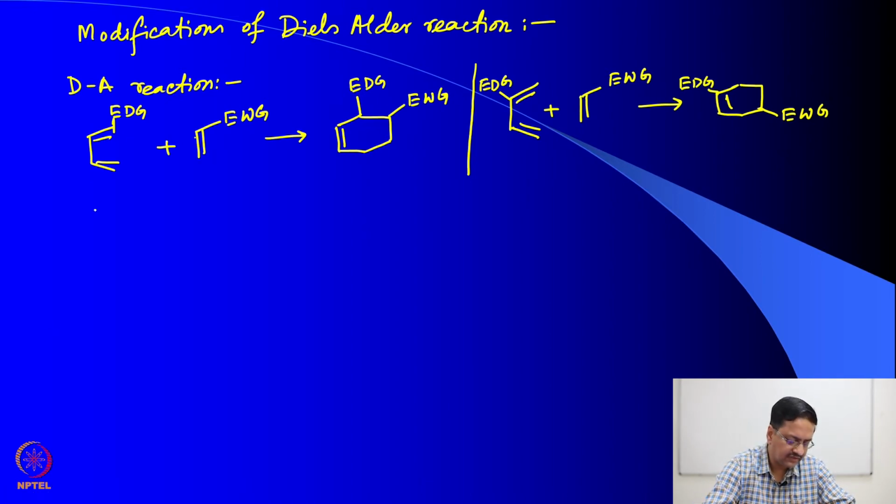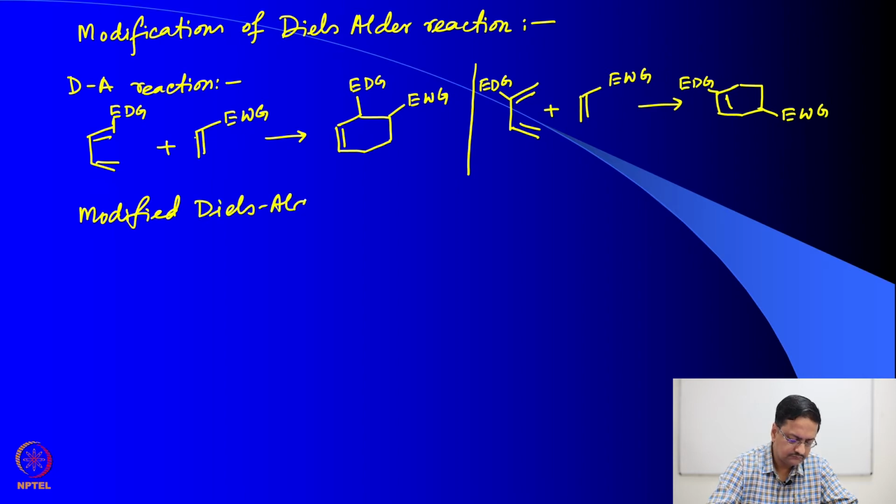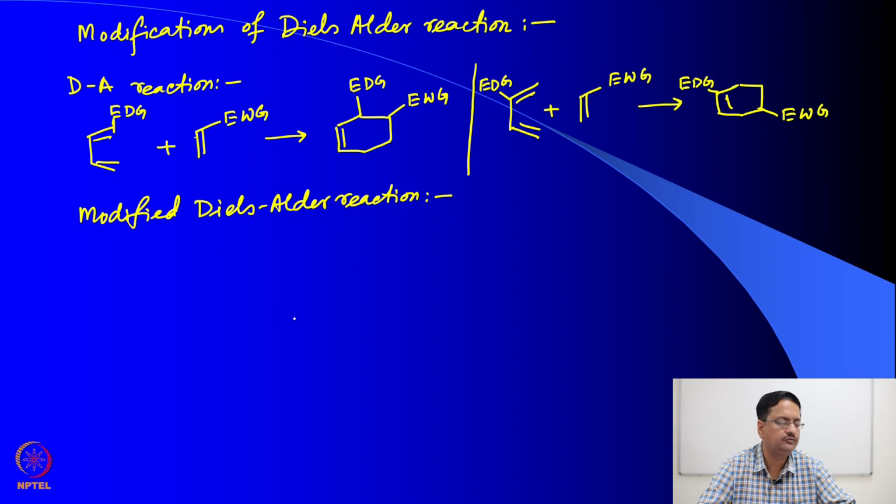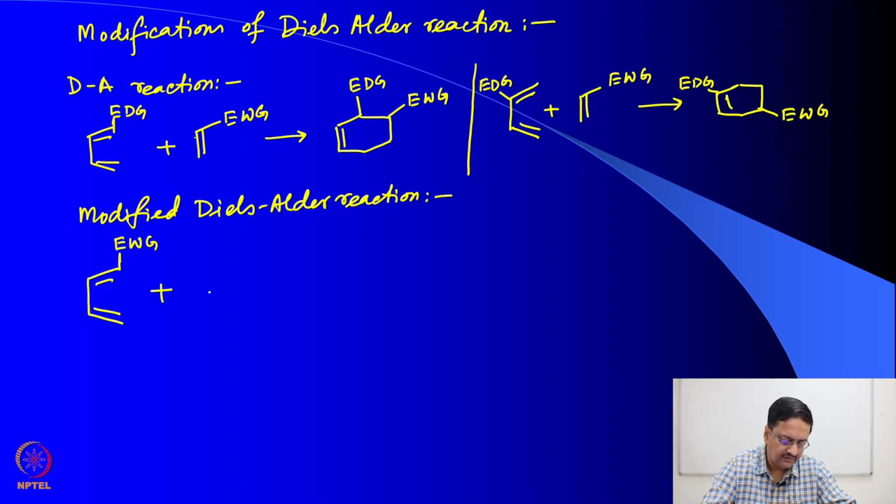So, if we do a modification of the Diels-Alder reaction and change the positions of the electron withdrawing group and electron donating group, then instead of having the electron donating group on the diene, we have the electron withdrawing group on the diene and the electron donating group on the dienophile.